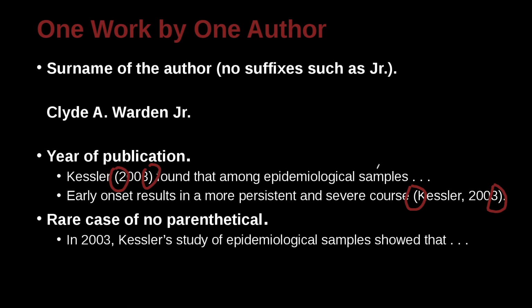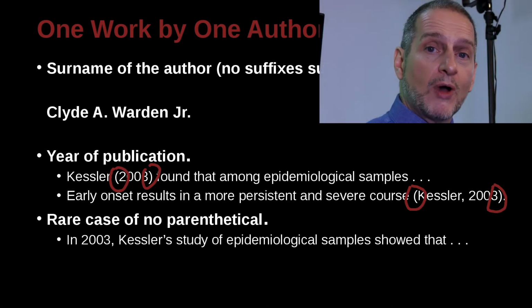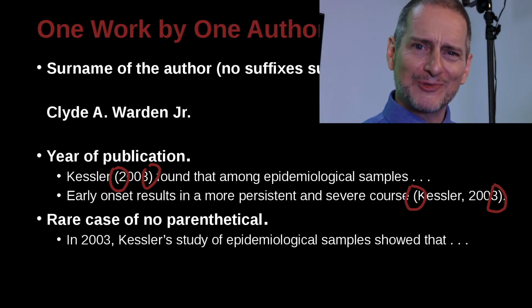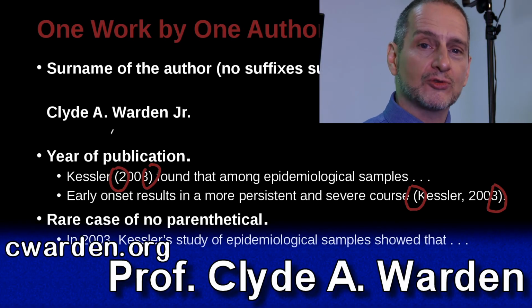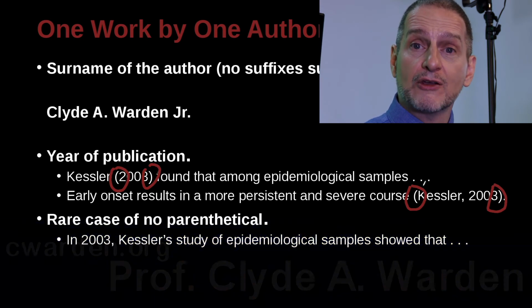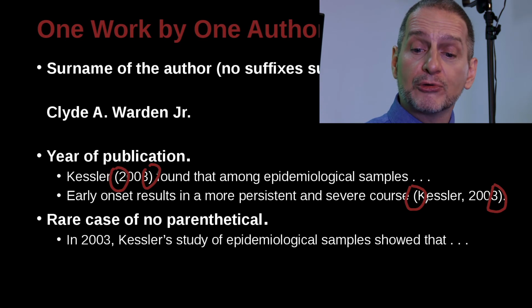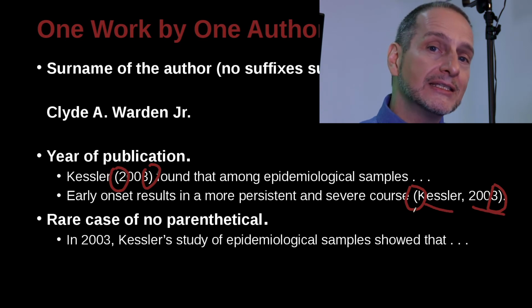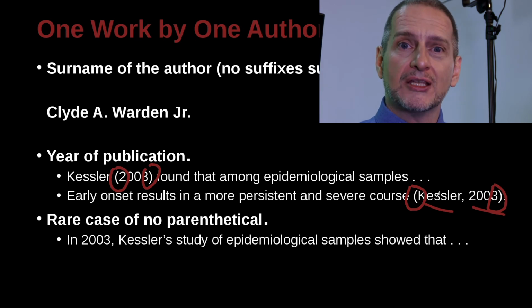Sometimes you can get away without using a parentheses at all, and this is a very rare kind of case. Why is it rare? Because it's kind of hard to write this way, actually. It's much easier to just write the ideas and then include a parentheses open, parentheses closed, include the author and the date. That is really the easiest way to write your sentences.